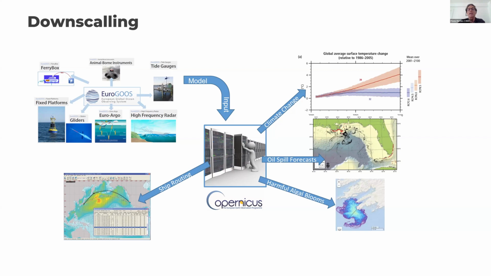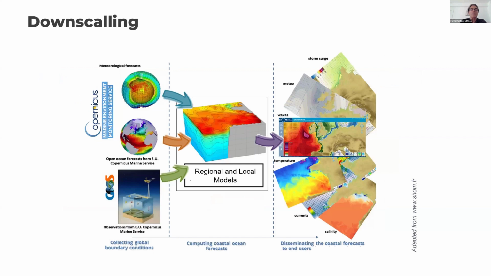You will talk about this in other classes, or maybe you already talked about this. The thing is, these are global models. They address the entire globe. So the resolution is not as high as needed for our coastal activities. There is a way of using these models to create models with higher resolution, and that process is called downscaling, okay?